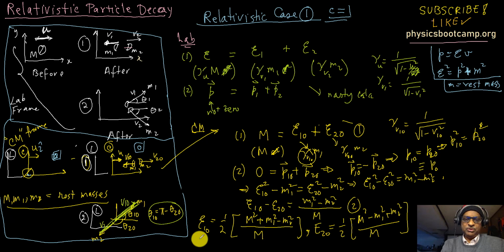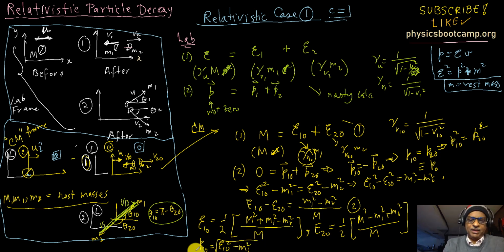So P10 will just be obtained from right over here. P10 squared will be just E10 squared minus M1 squared.